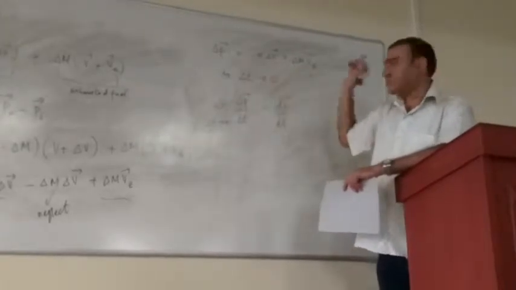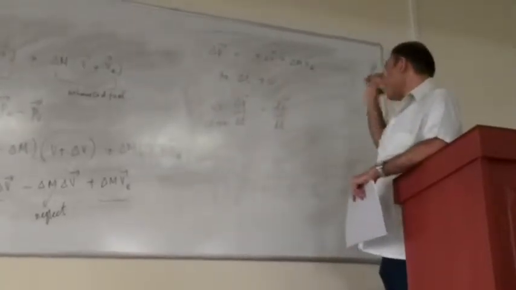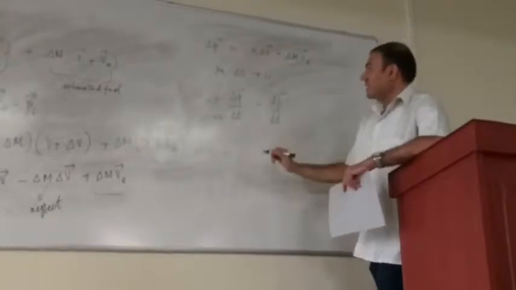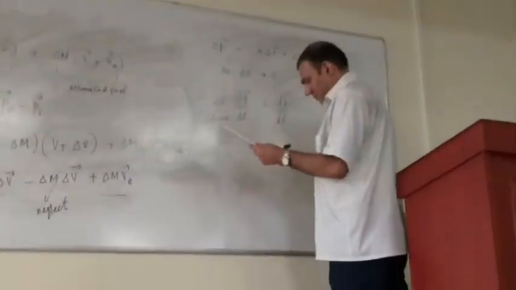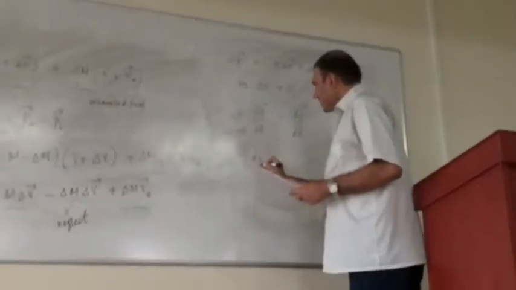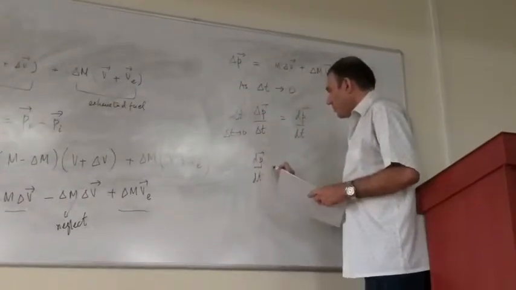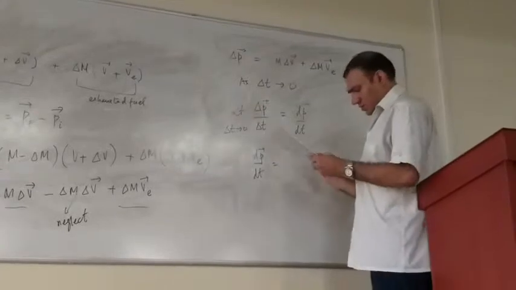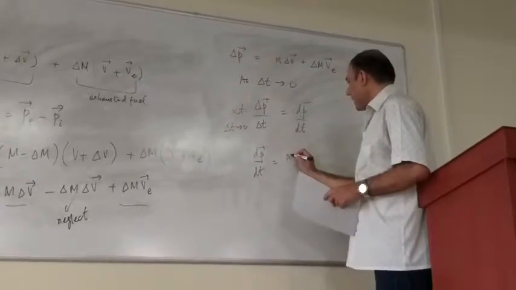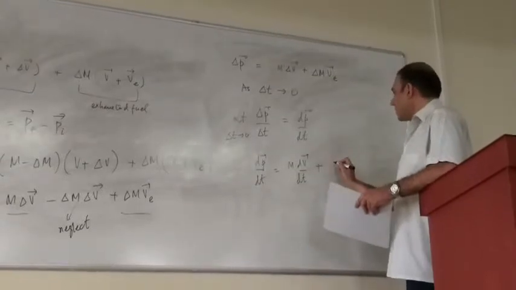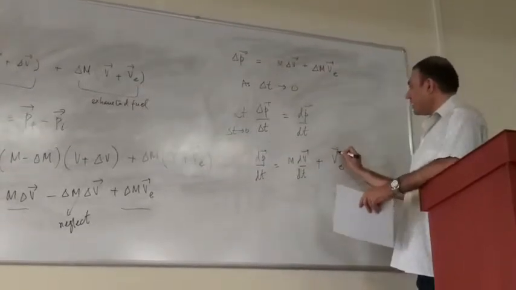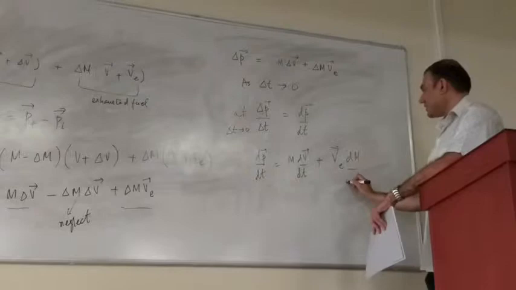Straightforward calculus. So dP/dT equals m times dV/dT plus dm/dT times V.